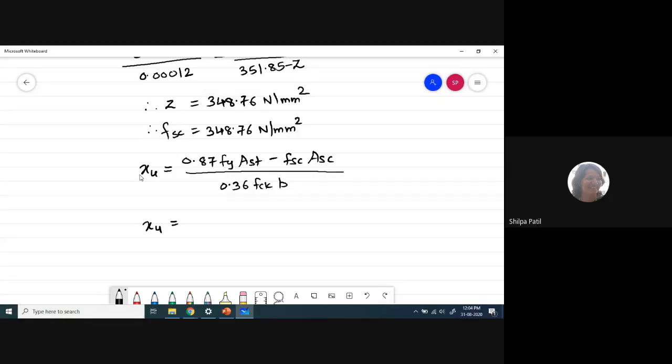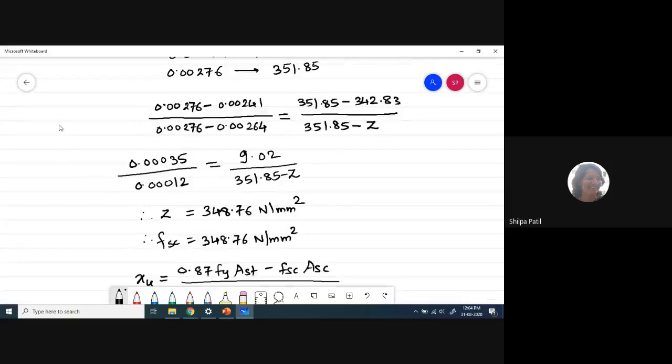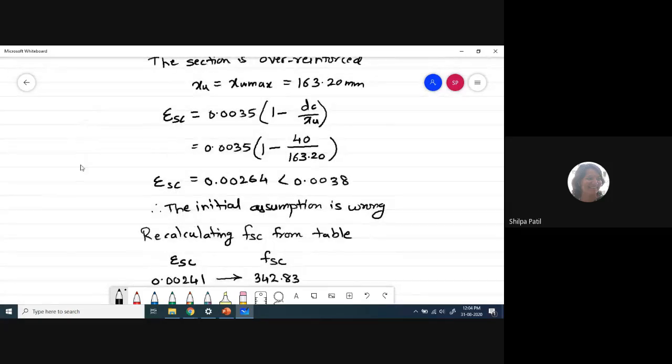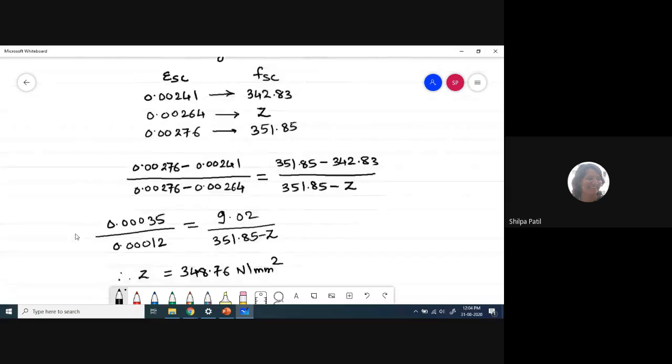What XU are you getting? 213.61. Correct. 213.61 mm. Compare this XU now with XU max. What was the XU max value? Let me check. XU max is 163.20.